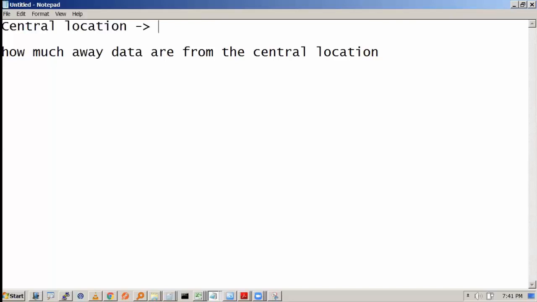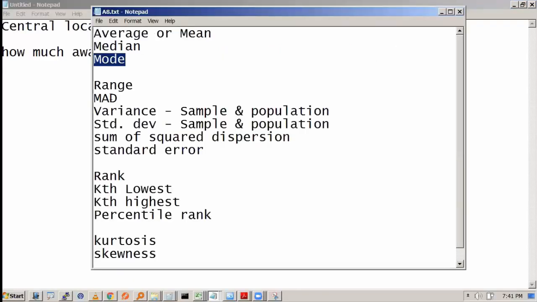So mean, median, mode are your central location measures. And for how much away from the central location, we have some measures like range, mean absolute deviation, variance, standard deviation, and sum of square dispersion. We'll see what these are, and I'll try to explain them also.